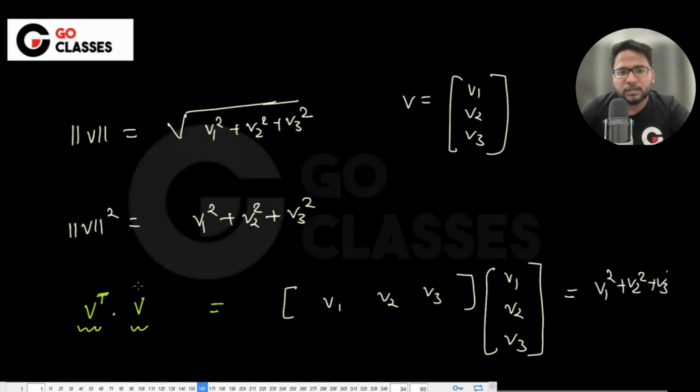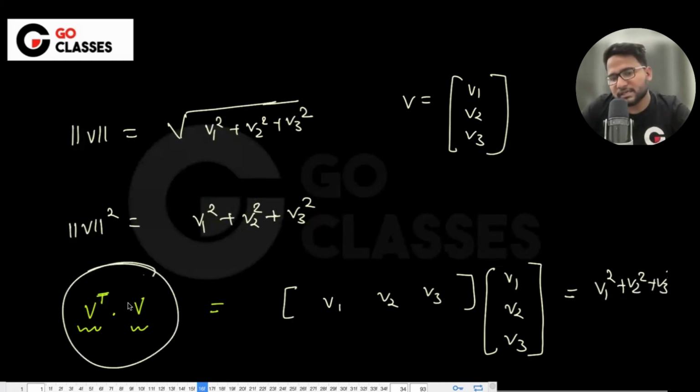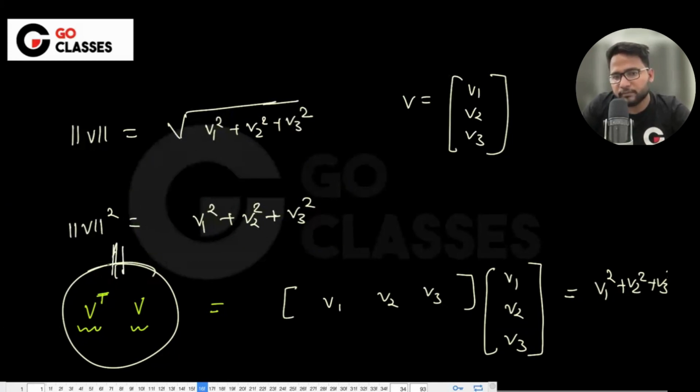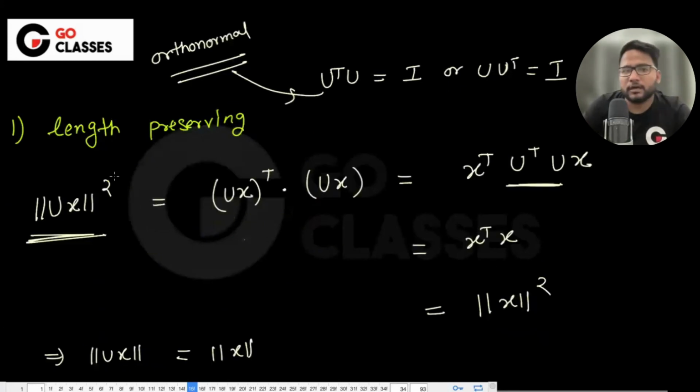So this quantity you can understand just like a matrix. This is a matrix and this is also a matrix. Let's not worry about the dot. These two matrices' product is v1 squared plus v2 squared plus v3 squared, which is also the length of v squared. That's why these two numbers are the same, and why instead of writing it one way, I'm writing it the other way.